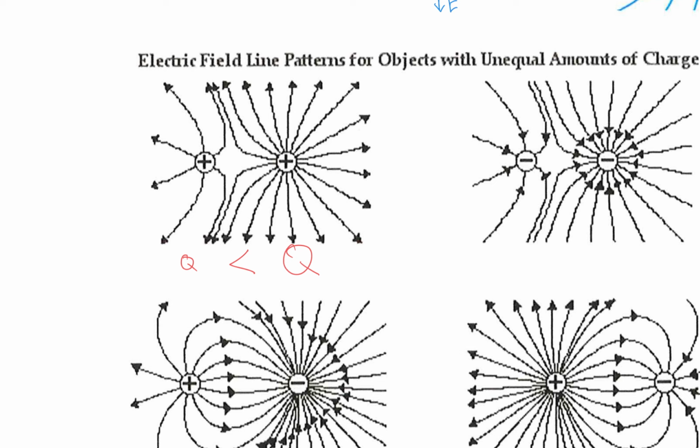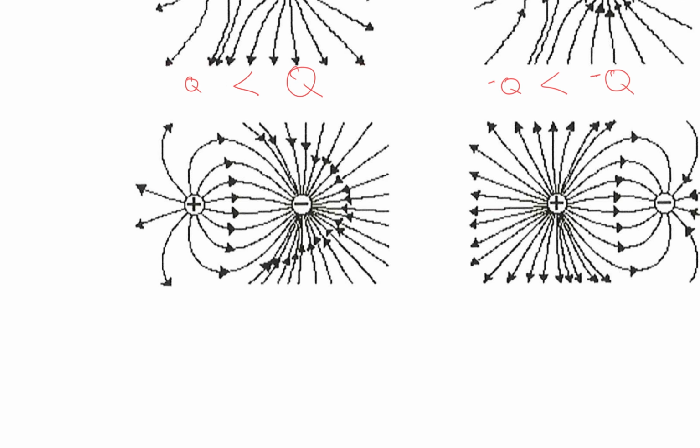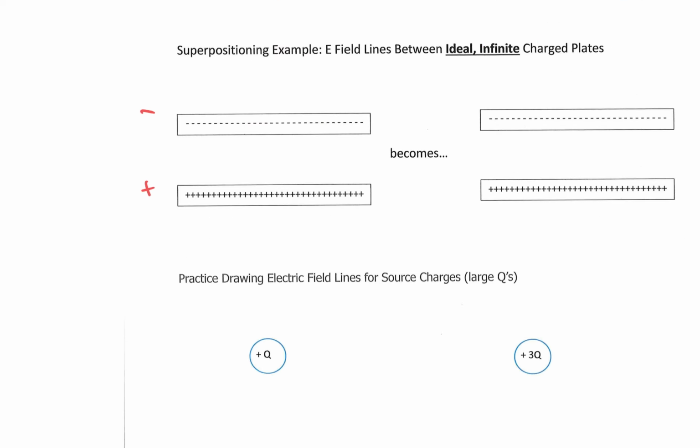Here we would have a larger Q, but it's negative, and a smaller Q that's negative, so we've got smaller there. Now, if they're opposite charges, they still connect, but the shape is not balanced. You could probably come up with names for these shapes, but they could still connect from positive to negative, but none of the lines cross.